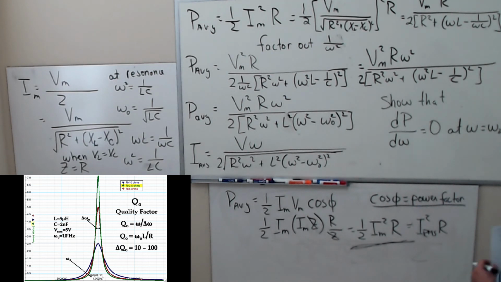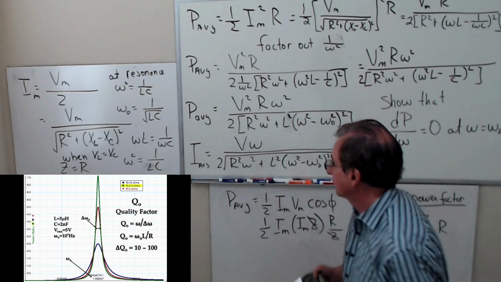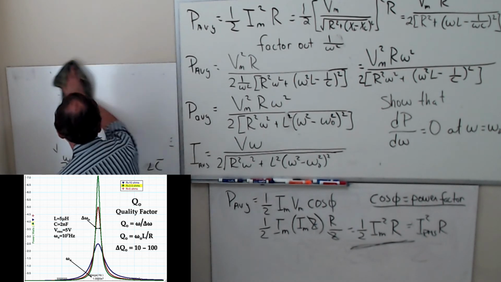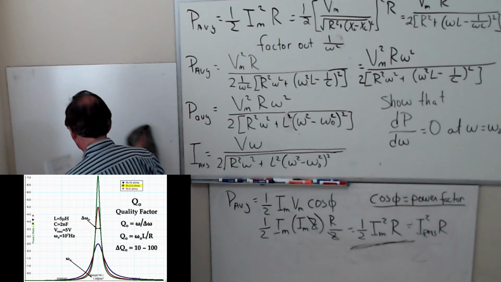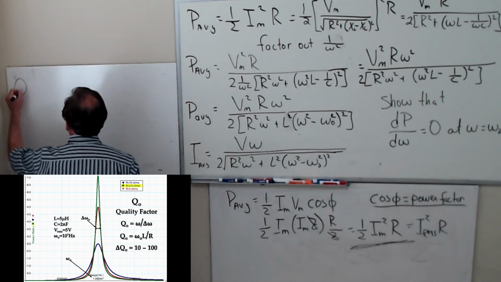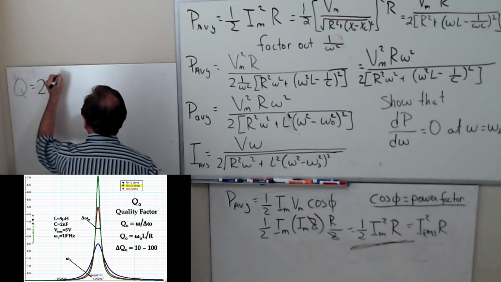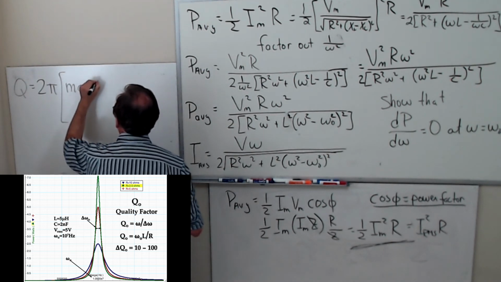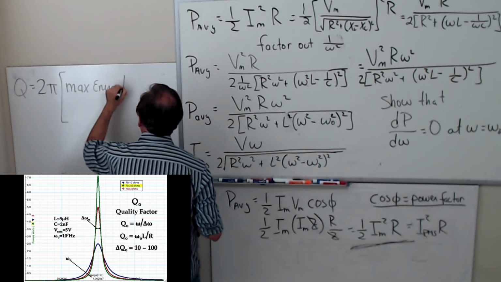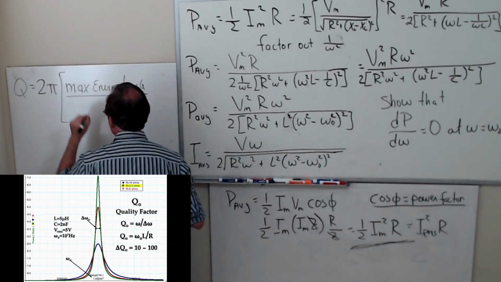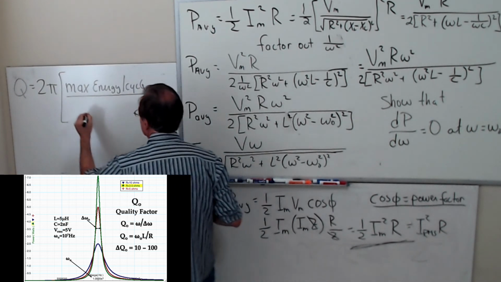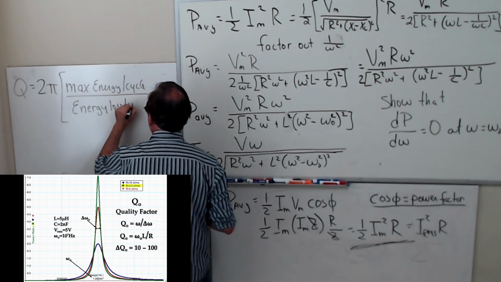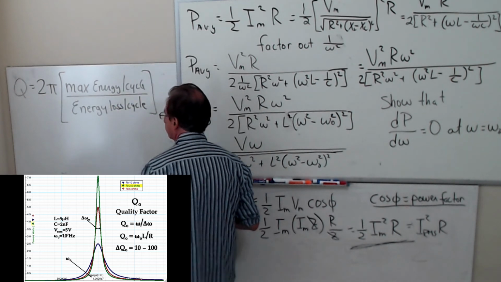This is the definition of Q. Q is defined as 2 pi times the maximum energy per cycle divided by the energy loss per cycle. That's how you define it.